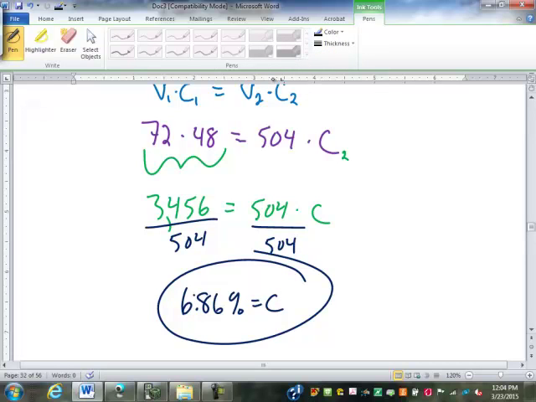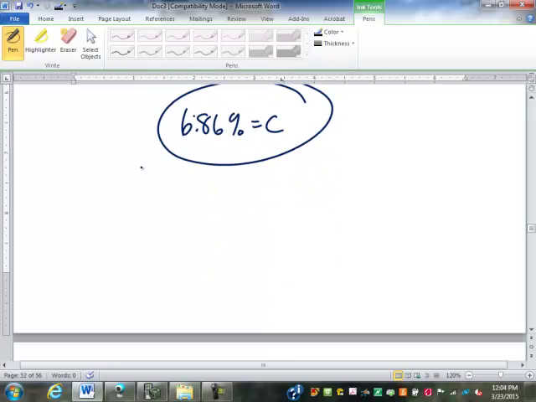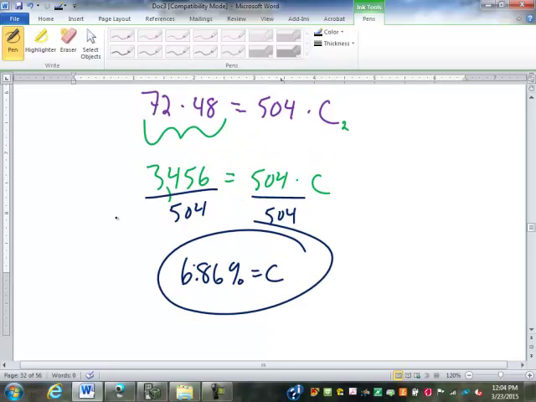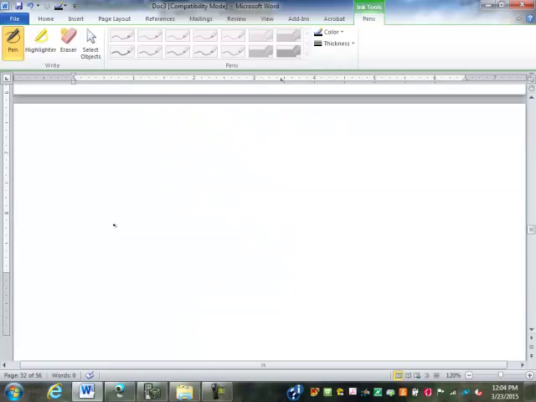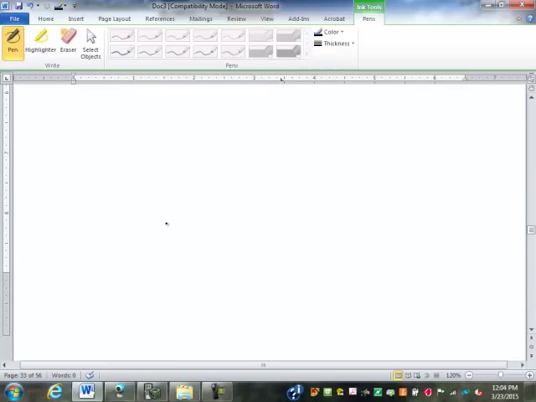Okay. So you can see how this formula saves us a lot of work over just using the dilution formula to mix these and dilute these solutions. So let's say we have a 64% solution.